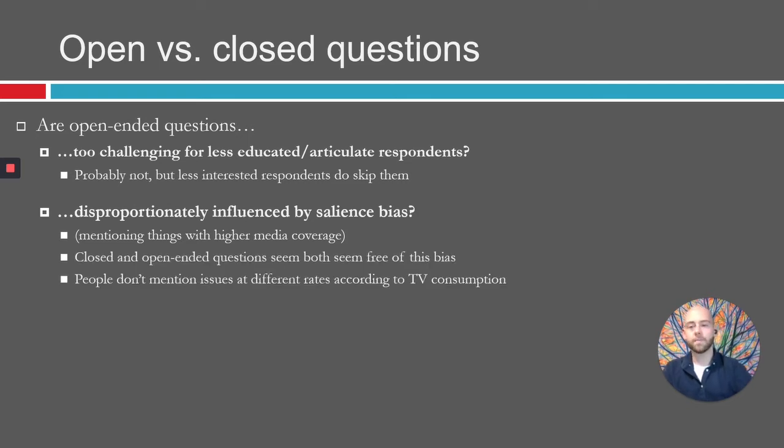Now, this seems to not be the case, but I will caution you that closed and open-ended questions don't tend to see huge differences. For example, there are commonly questions on political surveys like, what is the most important issue facing the country right now?